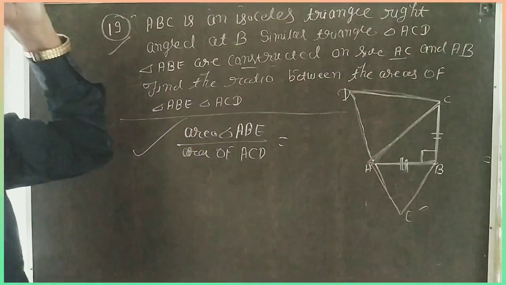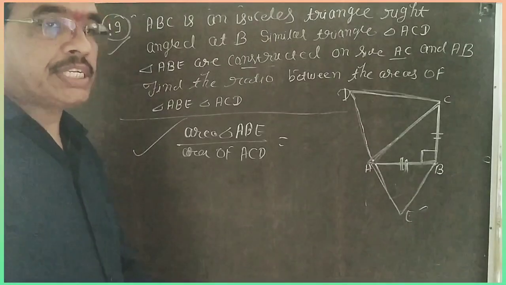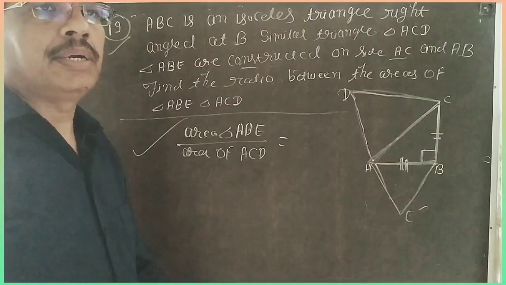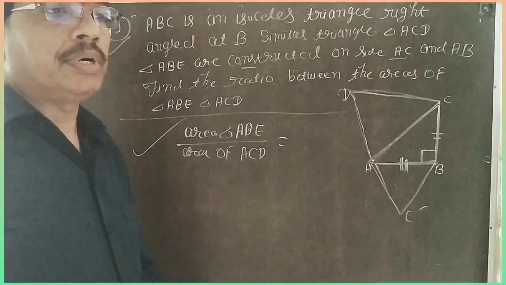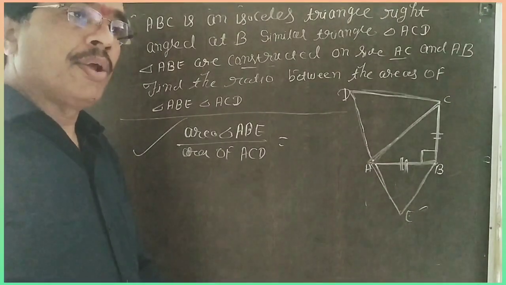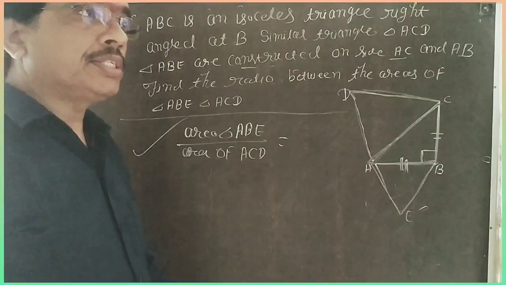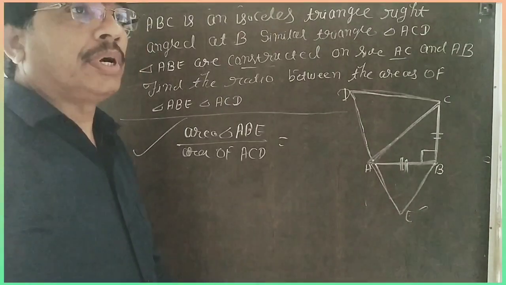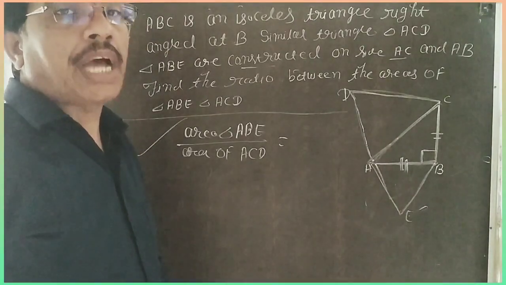Dear students, this question is already solved in the areas chapter. What is the statement of the areas theorem? If two triangles are similar, then the ratio of their areas is equal to the ratio of the squares of their corresponding sides.